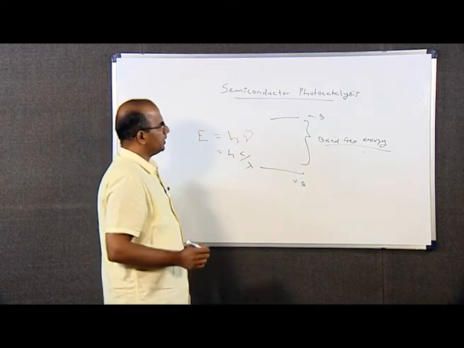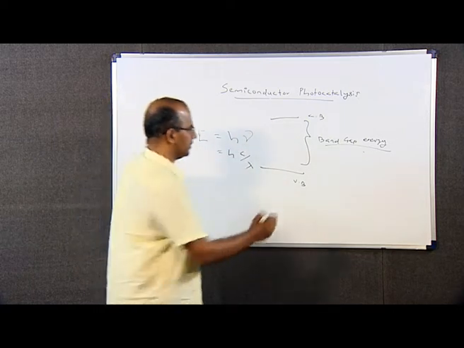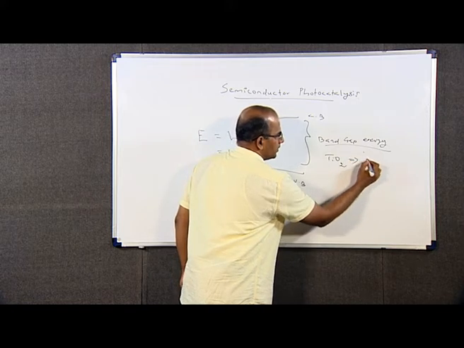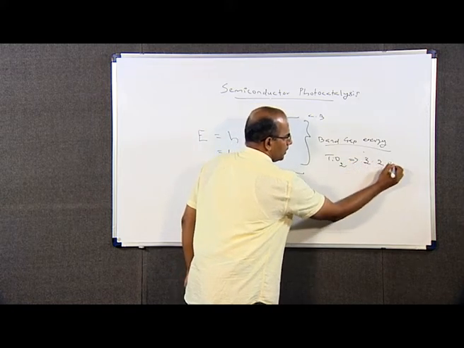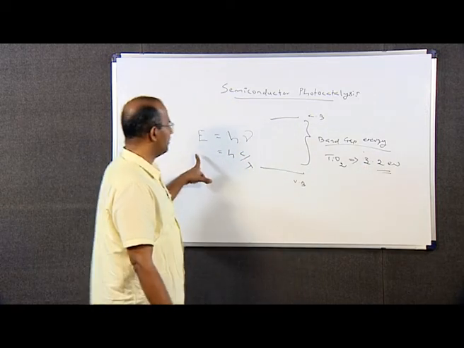Now, for a particular semiconductor, this band gap energy is fixed. For example, if you take TiO2, a well-known semiconductor, it will have 3.2 electron volt as the band gap energy.